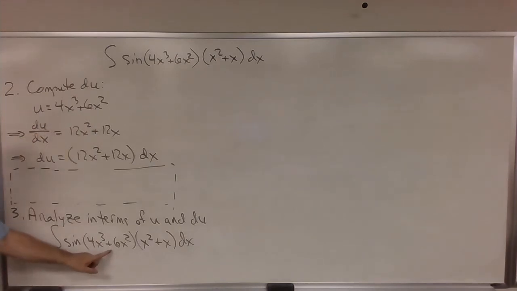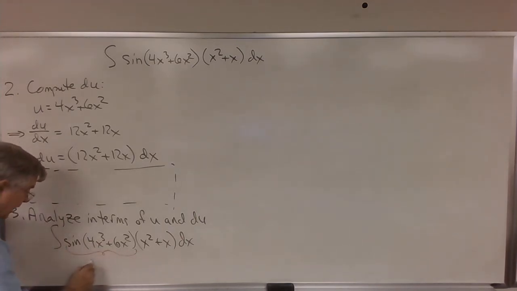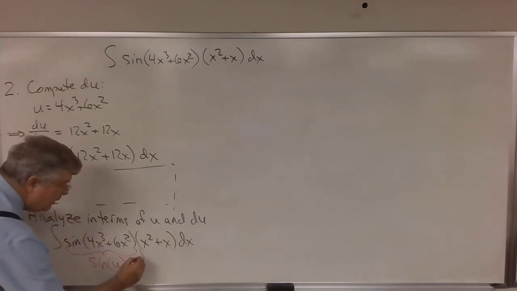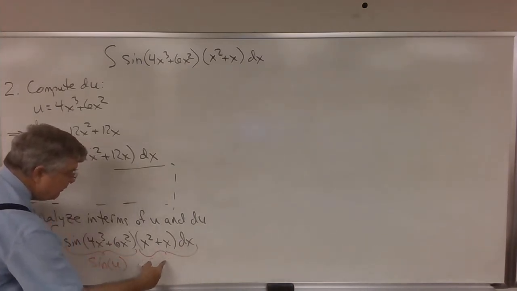So down here, this is u. U is the inner function of sine. So this is sine of u. And now all we have to do is figure out what we're going to do with this piece of junk right here.